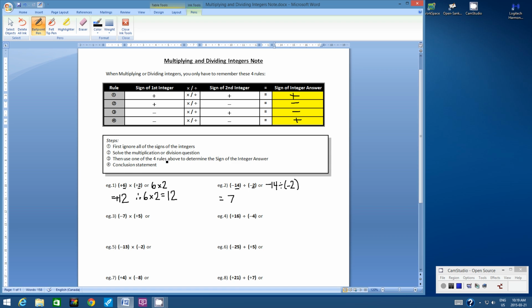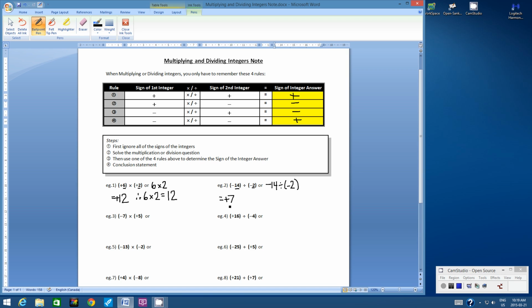Step 3, then use one of the four rules above to determine the sign of the integer answer. All right, so we have a negative divided by a negative. So what rule is that? If we look on our table here, we have a negative divided by a negative. So that's rule number 4, the answer is going to be a positive.